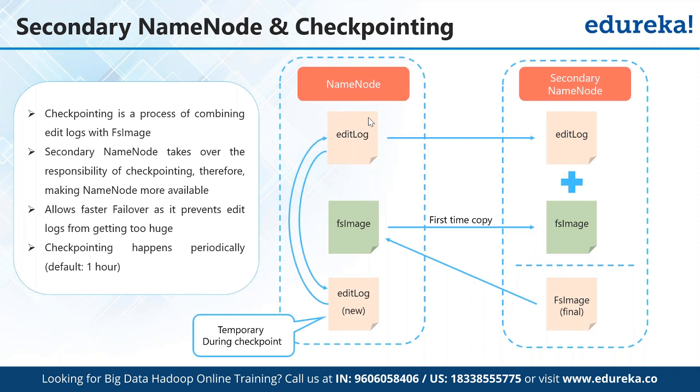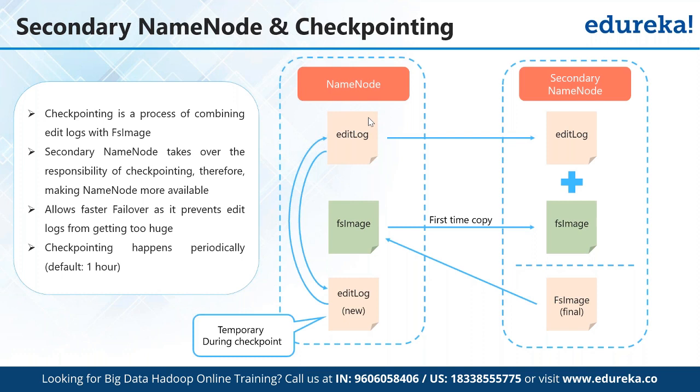Now fs image and edit log together give me the current state of name node. At any given point in time, name node's current state will be the original state, which is fs image, plus what has been changed after that, which is edit log. And who does this merging of the two? The secondary name node does.